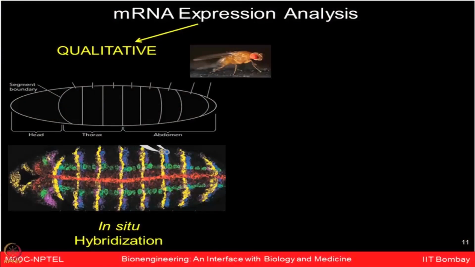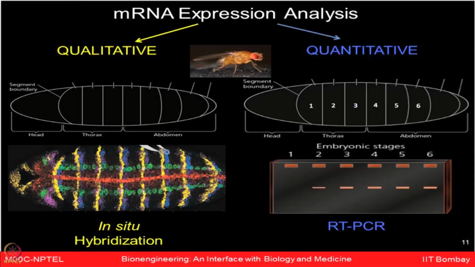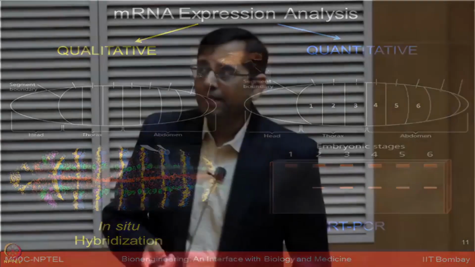So broadly I talked to you about different ways of studying mRNA expression. One way we talked about is qualitative methods, especially in situ hybridization. Very beautiful images can be produced and you can see the RNA profiles here. Or you can also do it in a quantitative manner, because you want to know exactly how much of that expressed RNA is present in the given cell, and to do that you use reverse transcription PCR.